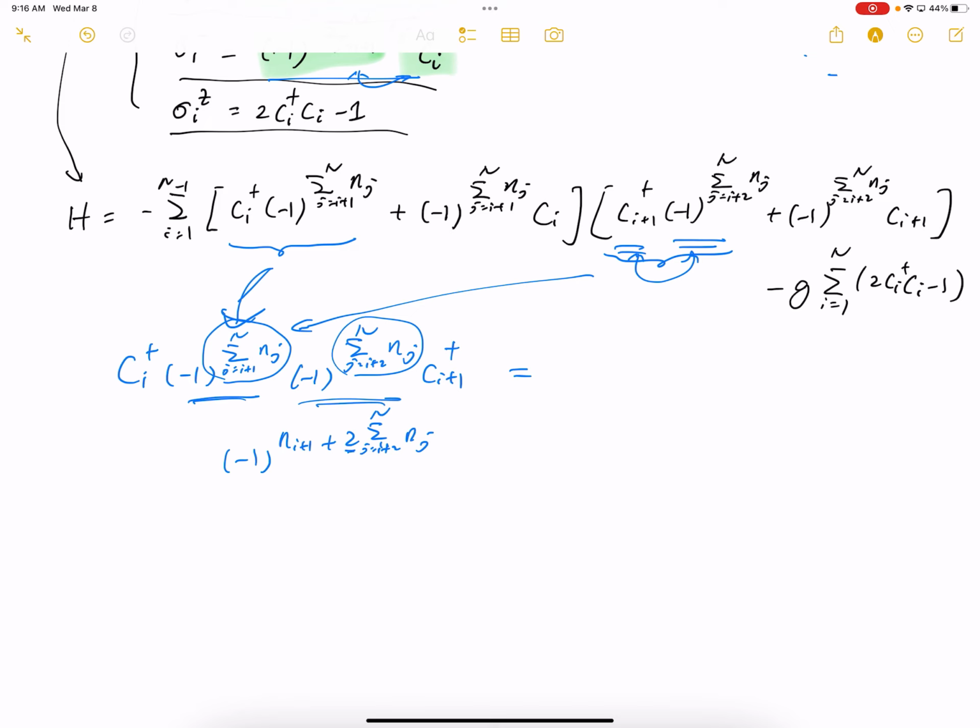The 2 is because you can combine the two parts of the sum. Because the factor of 2 here is in the exponent of -1, and the sum is always an integer if you apply it on any eigenstate, it's an integer. If it's a superposition, it will give different integers, but because it's an even number with a factor of 2, the (-1) to that power is always 1. So this part is basically gone. So this just reduces to (-1) to the n_{i+1}.